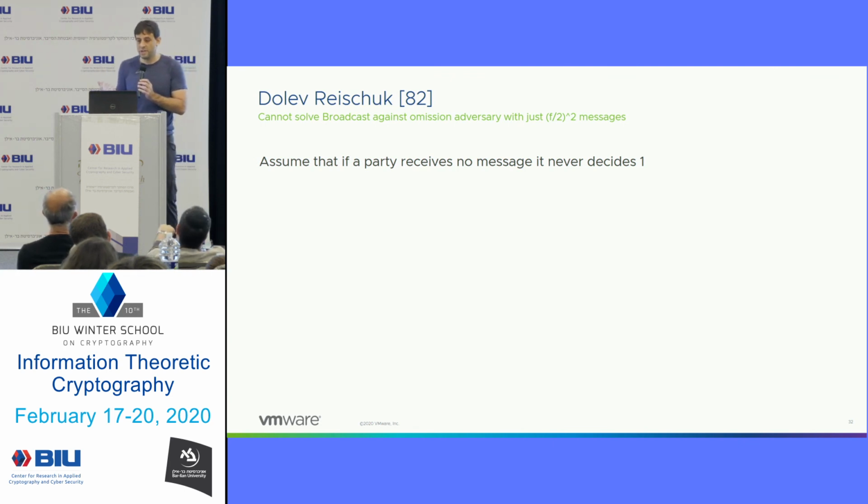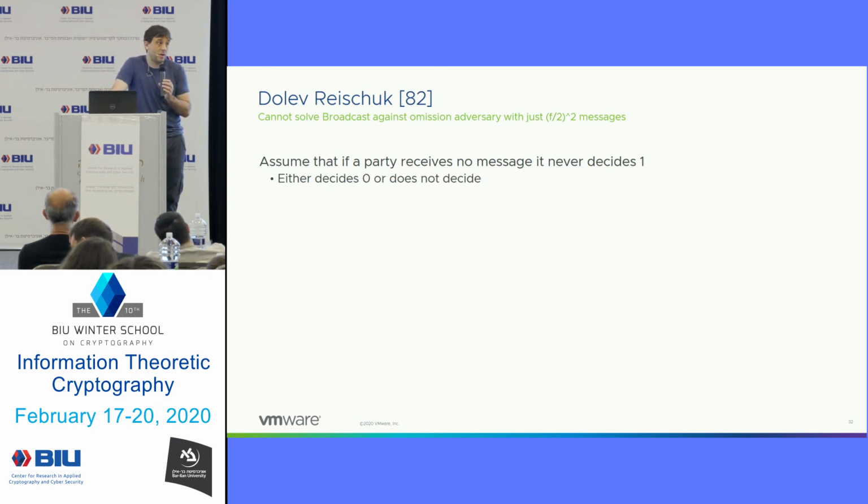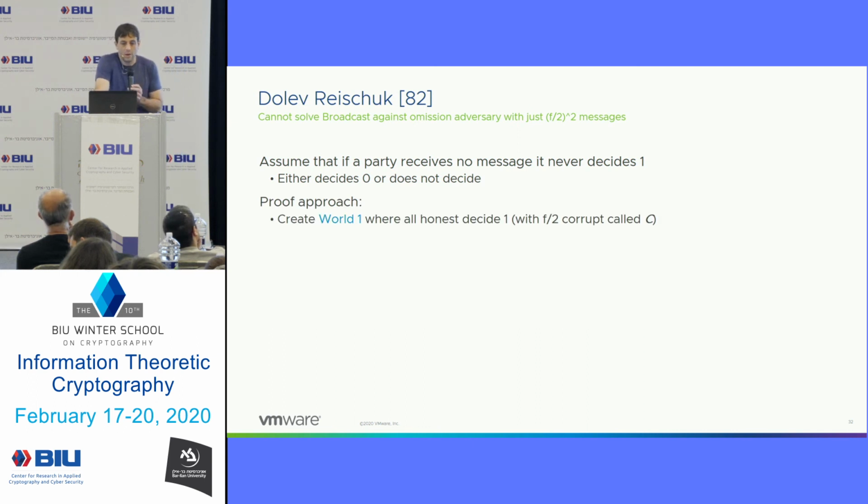The first thing I will do is see what happens if a party receives no messages. You give me an algorithm, and I will see what happens if it receives no messages. Let's assume without loss of generality that it never decides 1. Maybe it decides 0, or it doesn't decide at all, but let's assume it never decides 1. The proof approach is going to be the following: we're going to create 2 different worlds and reach a contradiction.